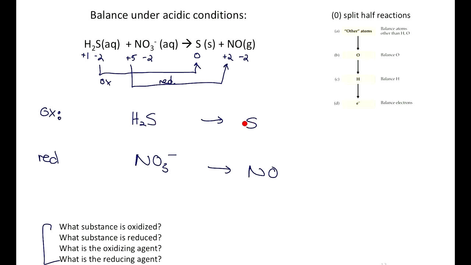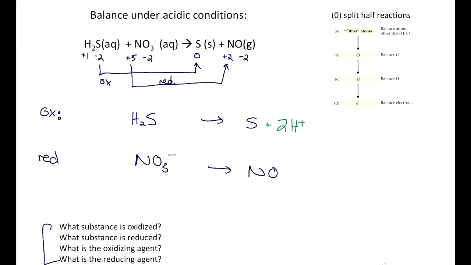Sulfurs, good. Oxygens, there are none, so that means they're good. 0 balances with 0 as well. Hydrogens, not good. We have to add H+. So you're going to add H+ to the product side. So there's H+, 2 of them.